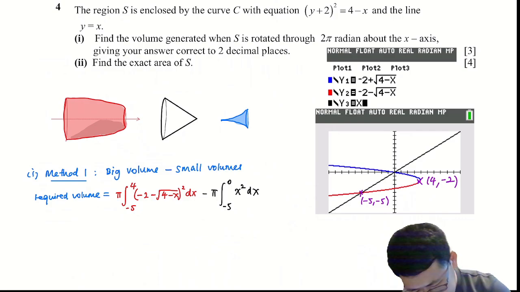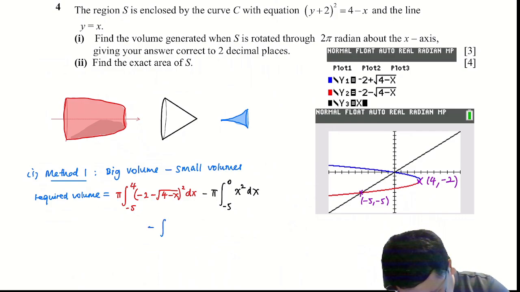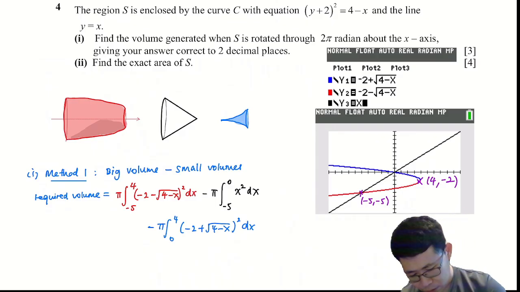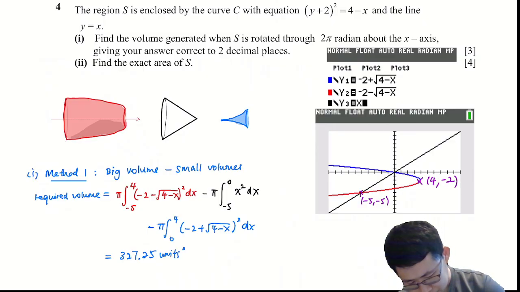Maybe I write another line. Of this one plus, like this. Then typing it all into the calculator, we should be getting 327.25 units cube for volume.